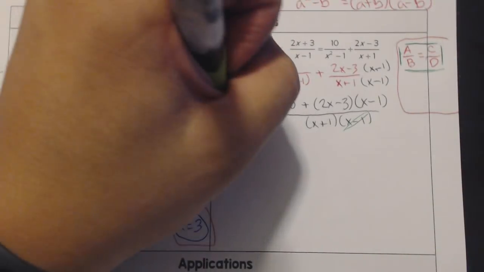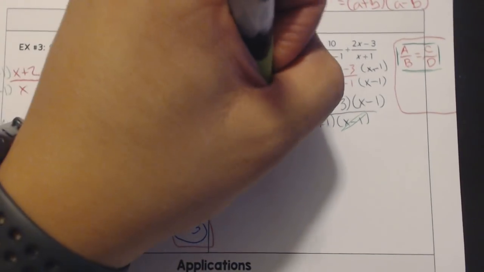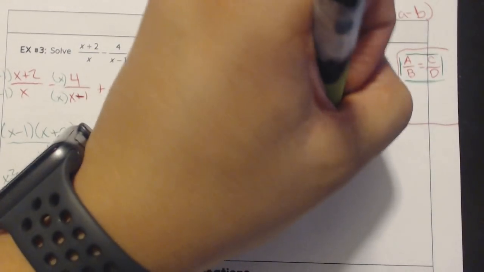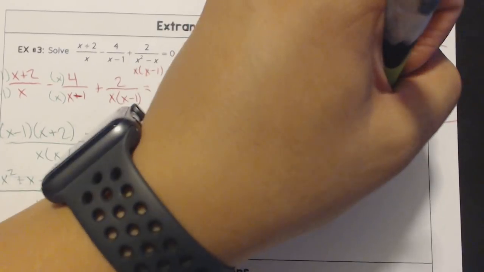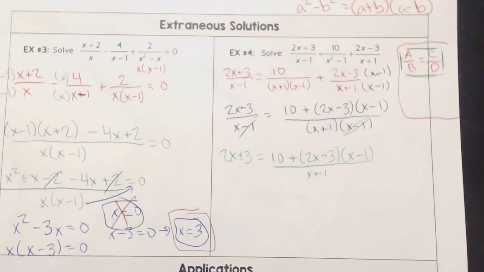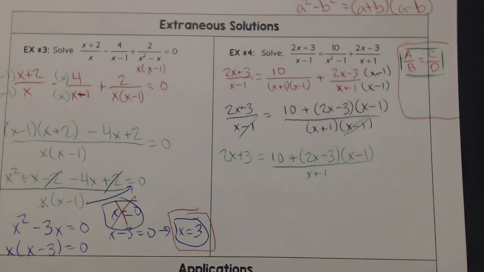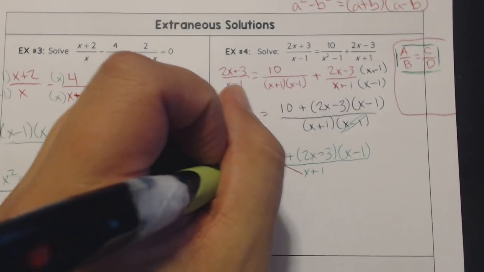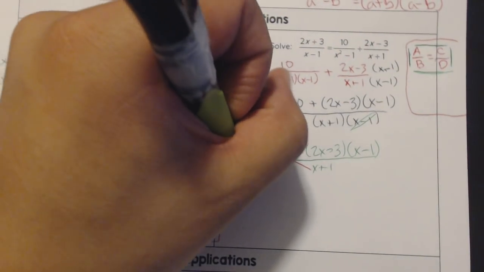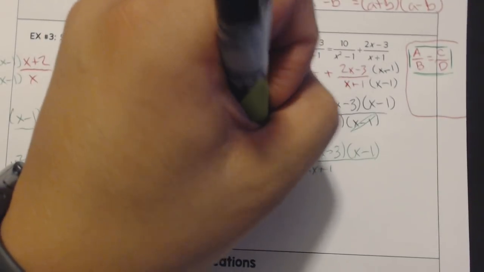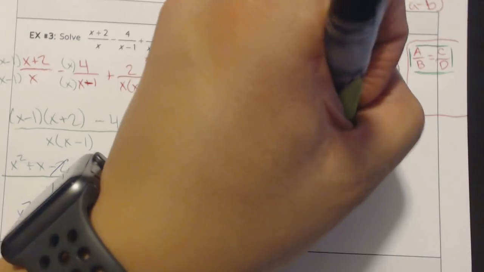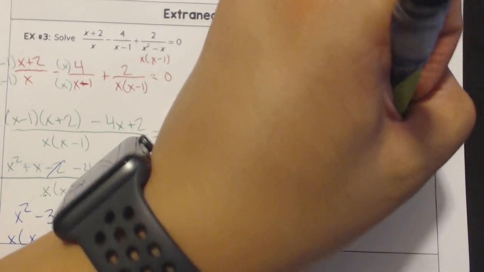So this simplifies to 2x plus 3 is equal to 10 plus 2x minus 3 times x minus 1 over x plus 1. With that, we're going to multiply the x plus 1 to the other side. And this gets us 2x plus 3 times x plus 1 is equal to 10 plus 2x minus 3 times x minus 1.